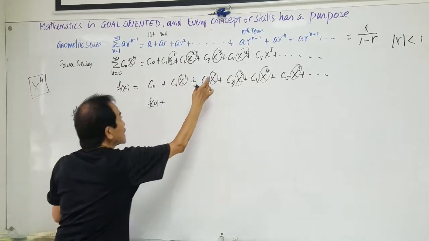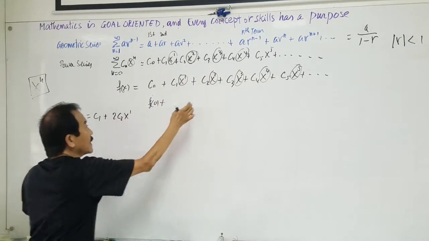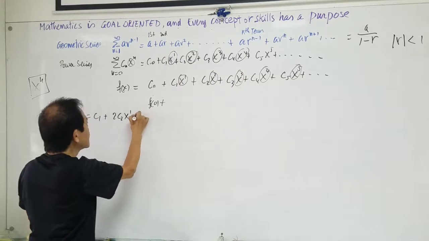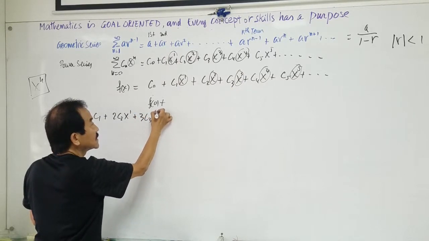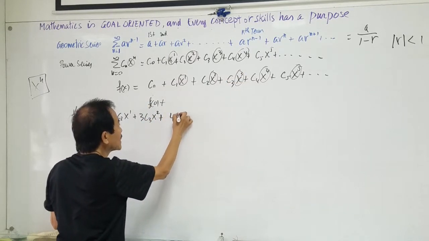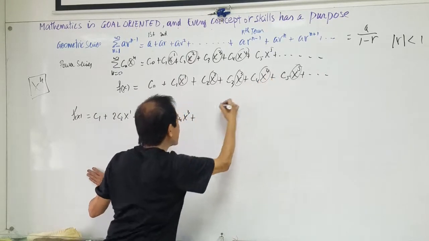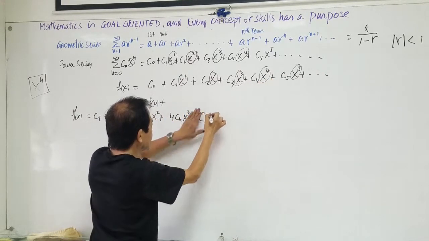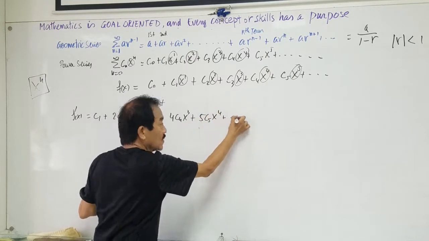Plus, then I take 2 times C2 x to the first power, and 3 times C3 x squared, plus 4 times C4 x cubed, plus 5 times C5 x to the fourth power, and so on.